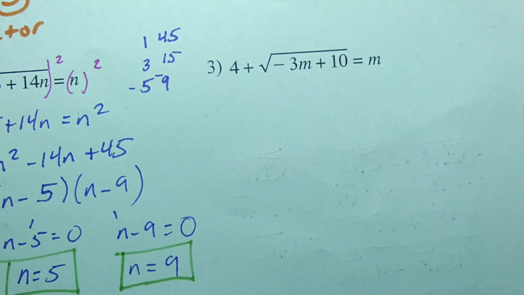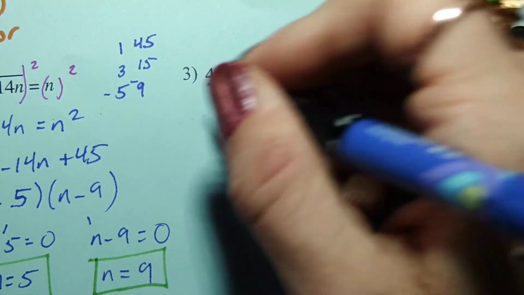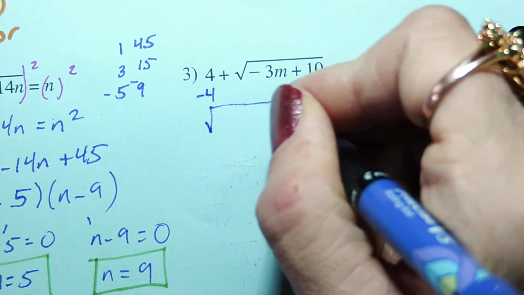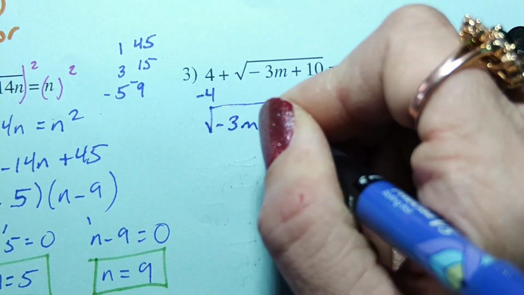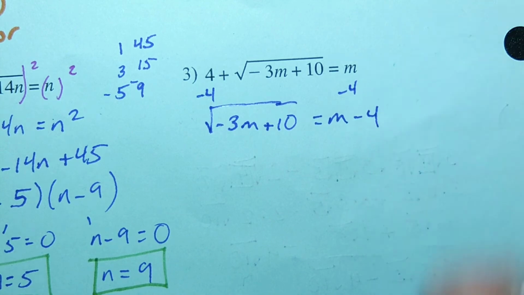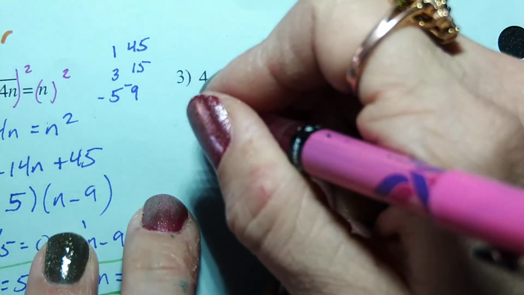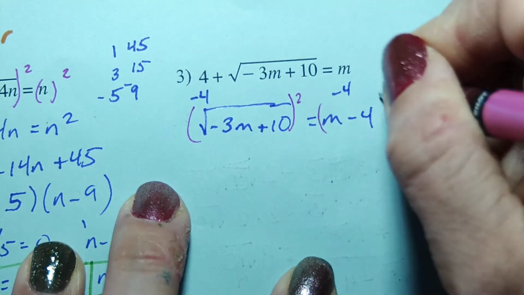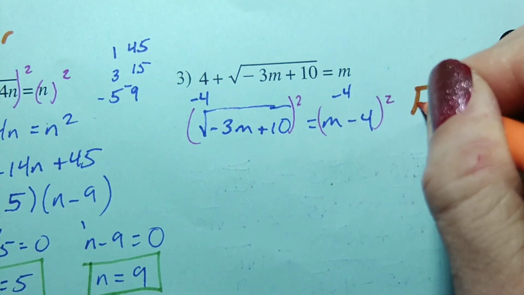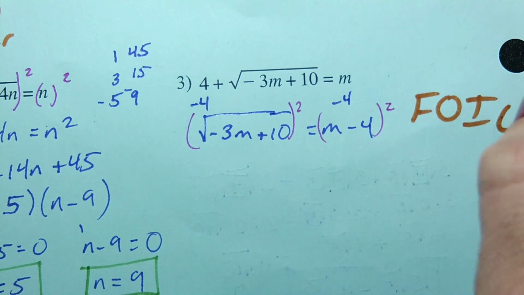Why don't we get a square right away here? Because the radical isn't isolated. So we do need to subtract 4 first. Now when I square both sides to get rid of the square root, what do I have to do with the right side? FOIL.